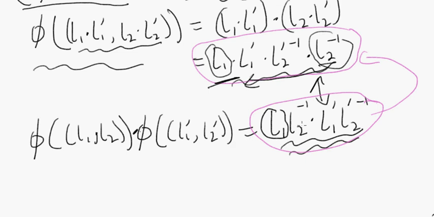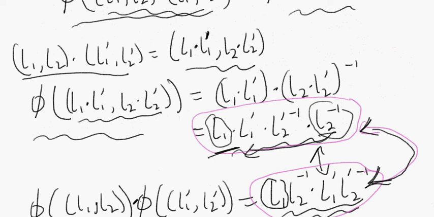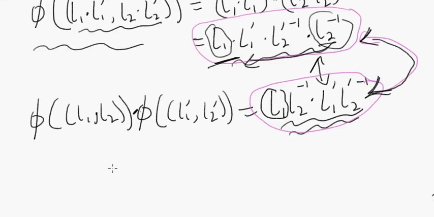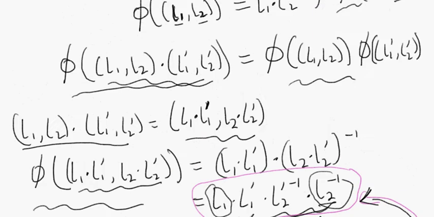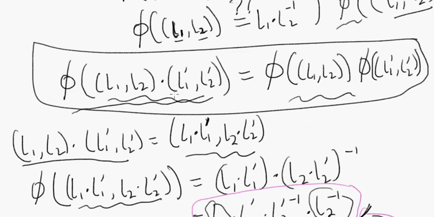So let's see. If L is abelian, and we're just saying that it is because it has prime order, then don't we at least know that, if we define phi as L1 times L2 inverse, it's going to guarantee the following, that indeed this statement, phi of L1 L2 times L1 prime L2 prime is the same as phi of L1 L2 times phi of L1 prime L2 prime.